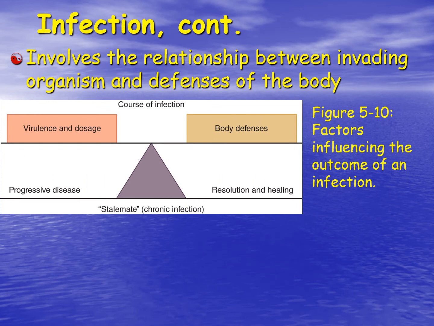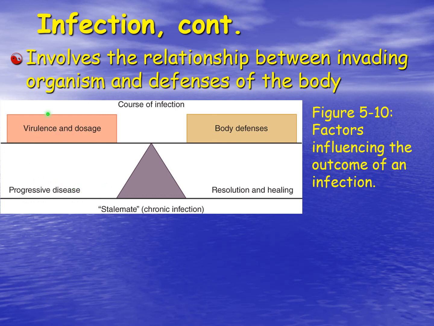So we actually have this balancing act where the body defenses, and this would include all three lines, and the virulence and how much of the infectious organism, so the infective dosage that gets in. If we have a highly virulent organism and a high infective dosage of that organism, then this actually tends to tip down towards disease.